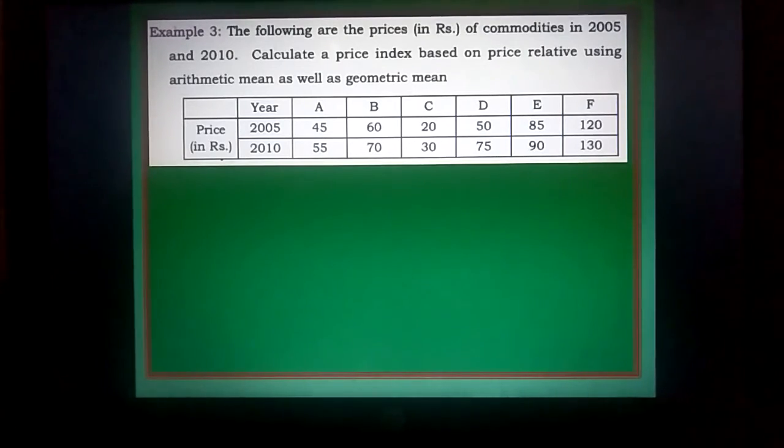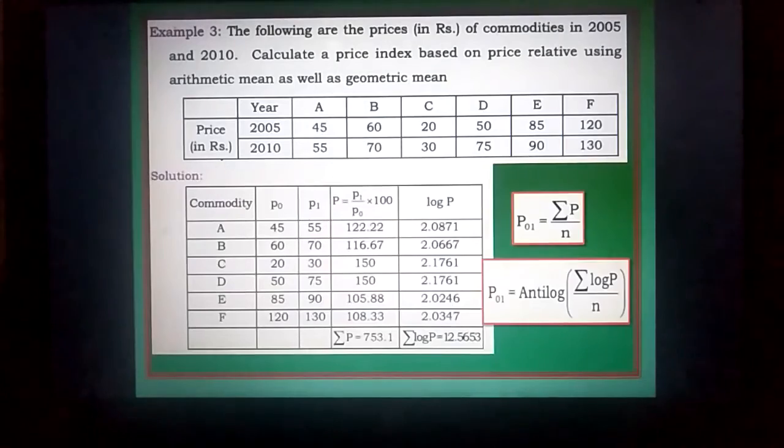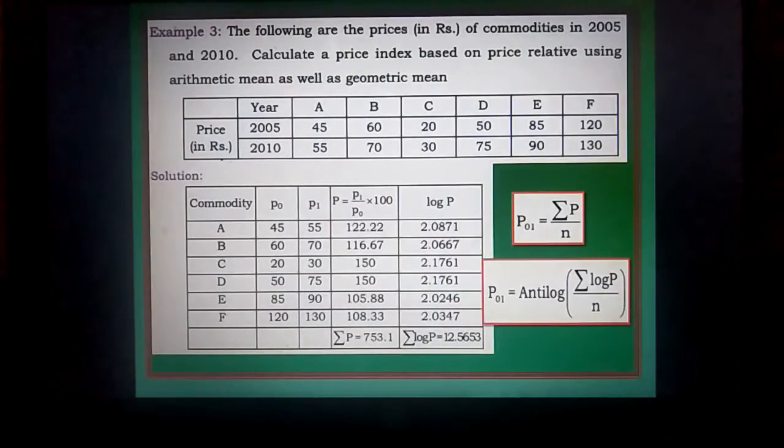P1 divided by P0 multiplied by 100. And based on geometric mean, P01 is equal to antilog of sum of log P divided by N. Am I correct? Try to recall. Fine. Based on these two formulae, we shall work out the given task.